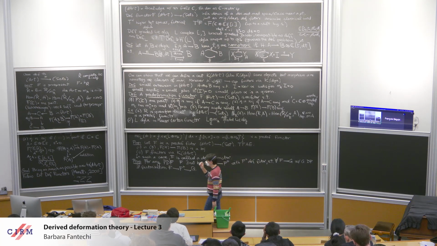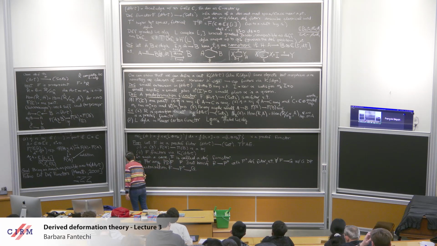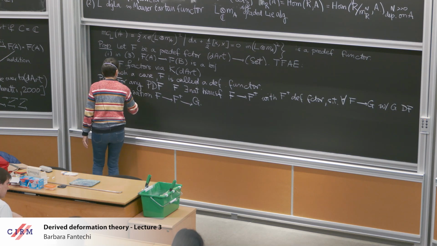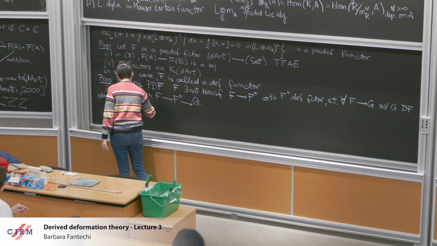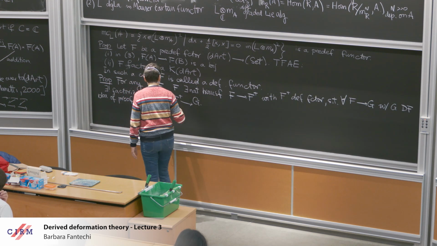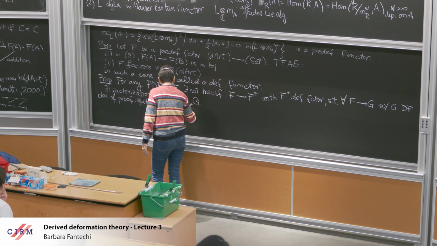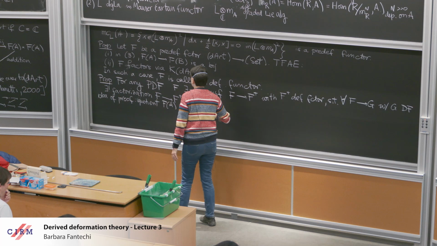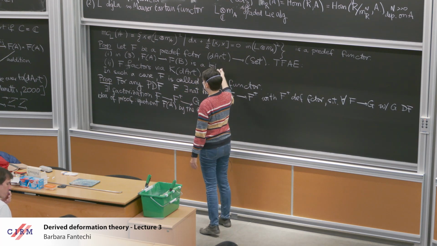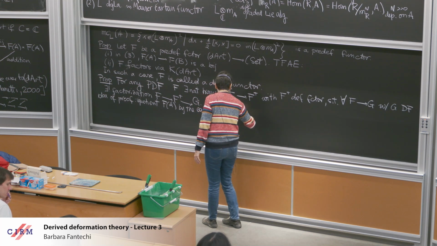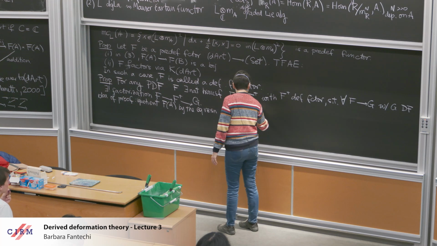Okay, so informally, this is not a proof, but the idea of proof is that you quotient F of A, for any A, or F of B if you want, by the equivalence relation which comes from enforcing homotopy.